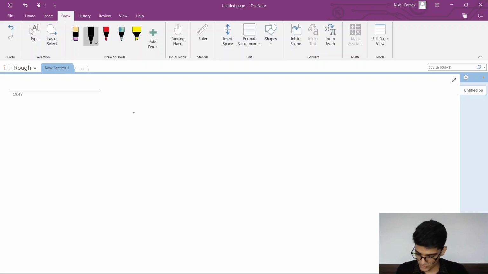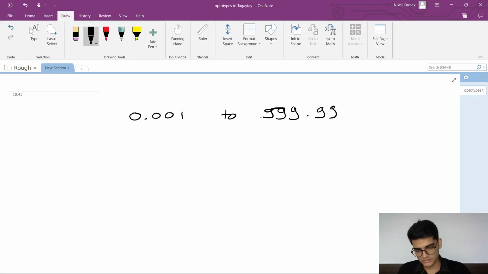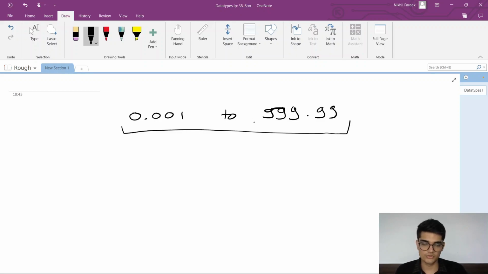I have to store values ranging from 0.001 to 999.99. So what should be my precision and scale in order to store this range precisely? So pause the video, figure it out and play it again. See if you got the answer right.